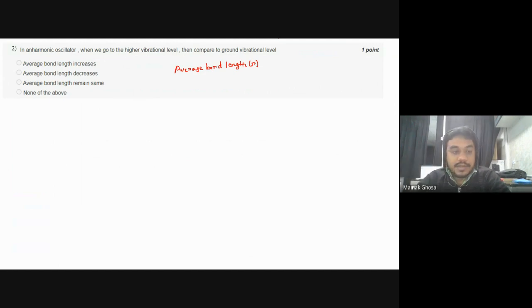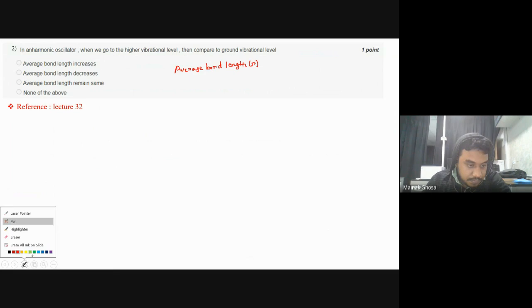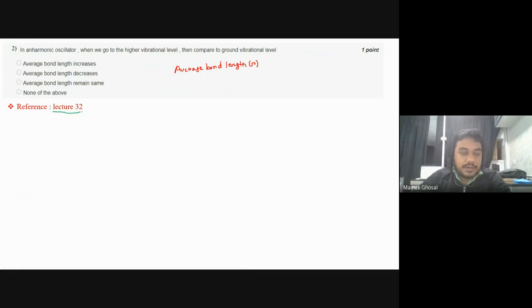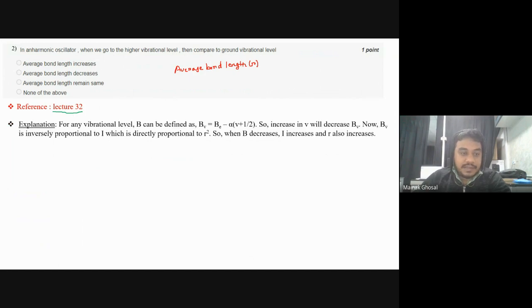Okay, so I'm going to discuss that. You can also find this in lecture number 32. And this is the explanation. For any vibrational level, B can be defined as BV equals BE minus alpha into V plus half.